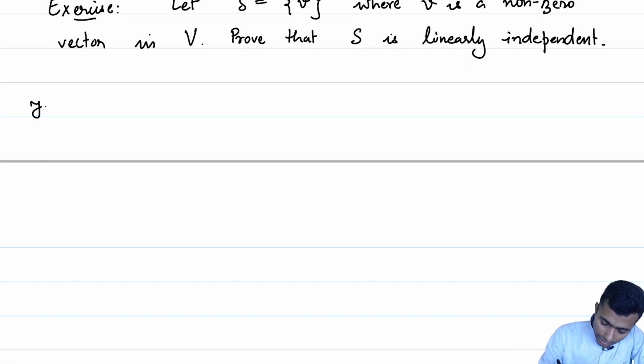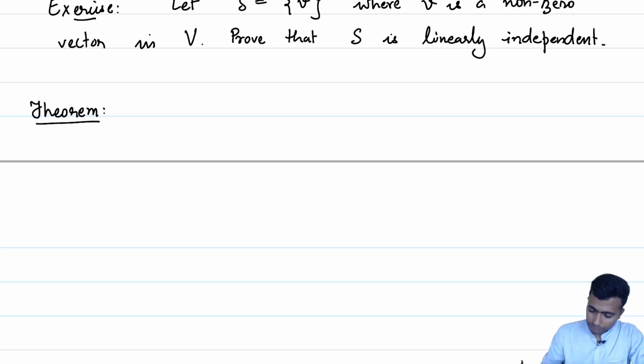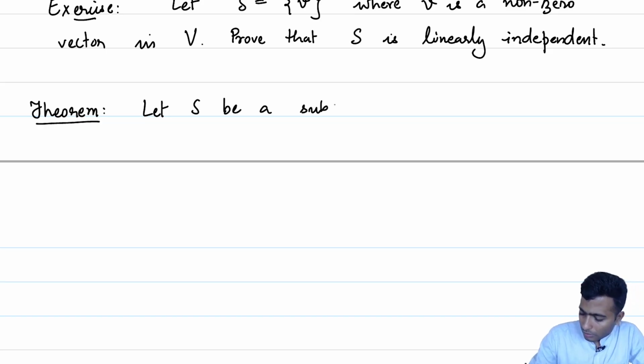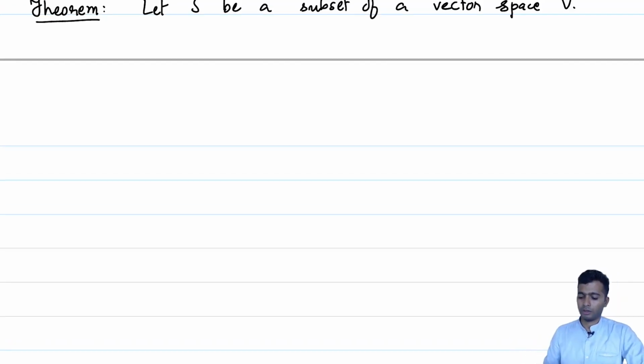So, next is a theorem. Let S be a subset of a vector space V. Okay.